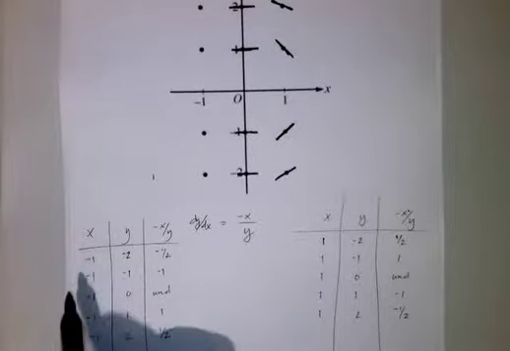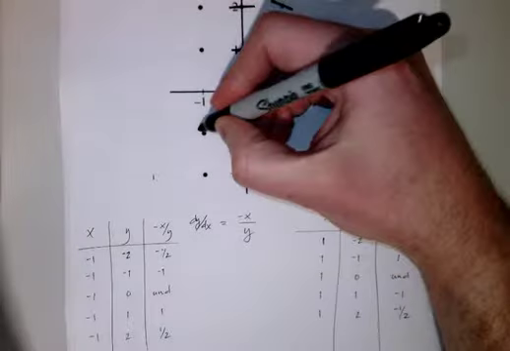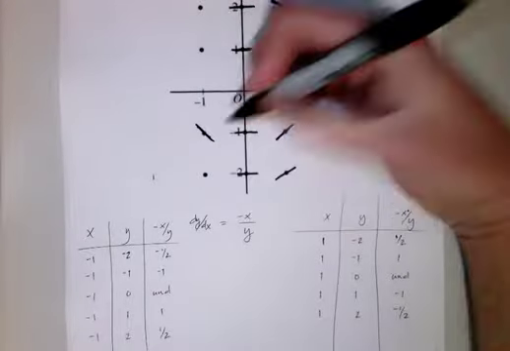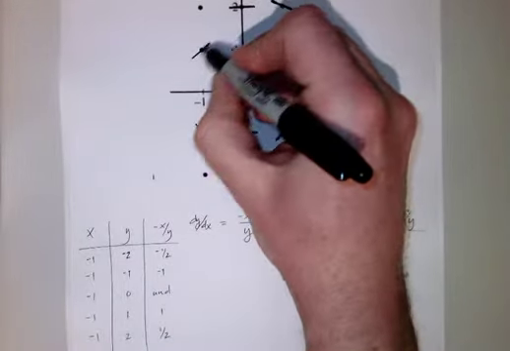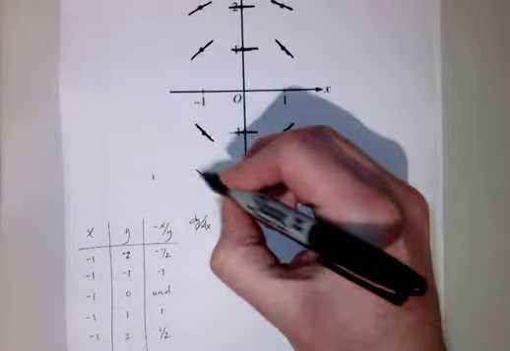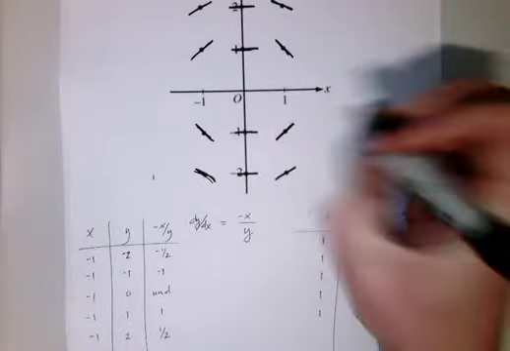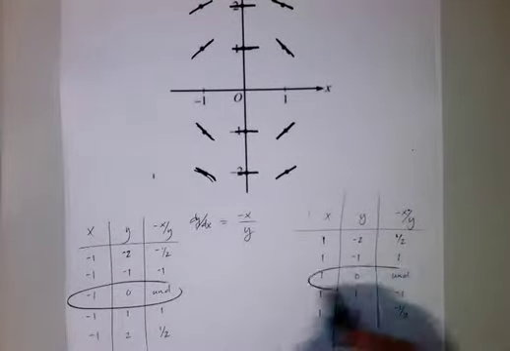Well, let's go ahead and look at negative 1, negative 1. I get a negative 1 slope. And if I have negative 1, positive 1, I have a positive 1 slope. And this is going to be 1/2 and negative 1/2. Now the question is, what happens here and here?